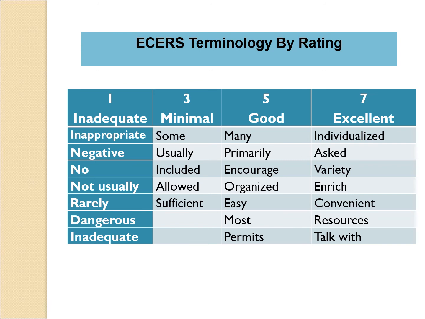And that's minimum, or the lowest level we'd want to see. 5 is good, and so you're going to see terms like many, primarily, encourage, organize, most. And then 7, excellent, you're going to see terms like individualized, enriched, resources provided, things like that.